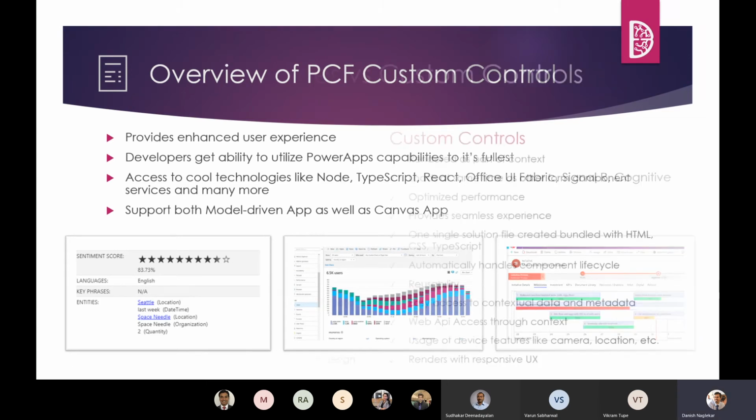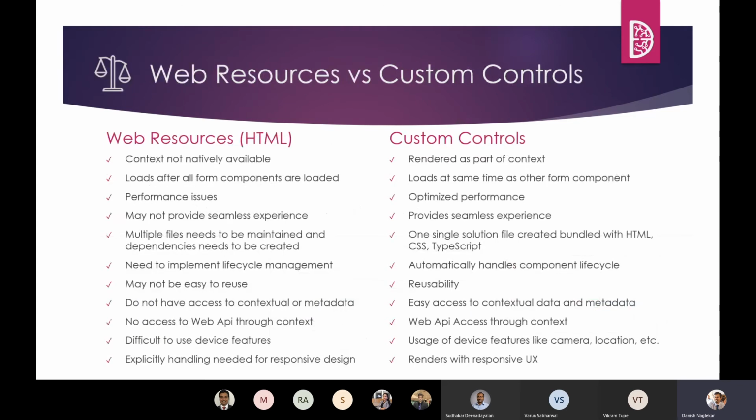Going forward, what's the difference between web resources and custom controls? We had web resources. We could build HTML. We could build AngularJS. But why was there a need to introduce custom controls? HTML web resources, as most of you know, cannot be loaded on a mobile phone.